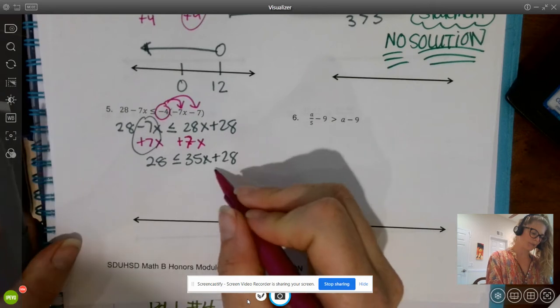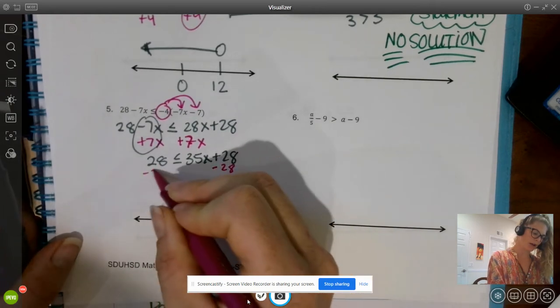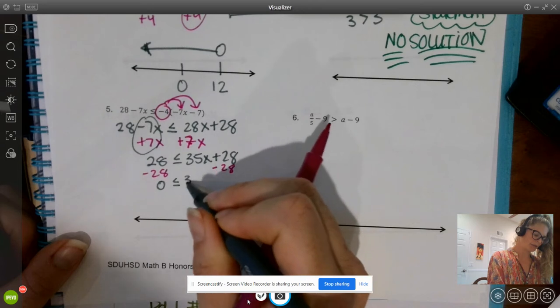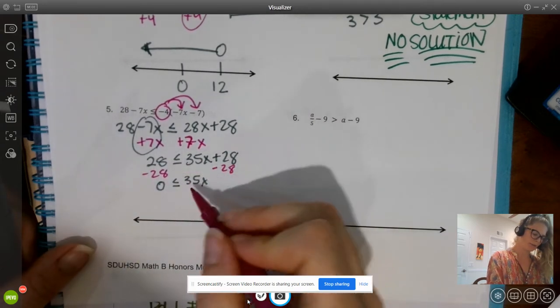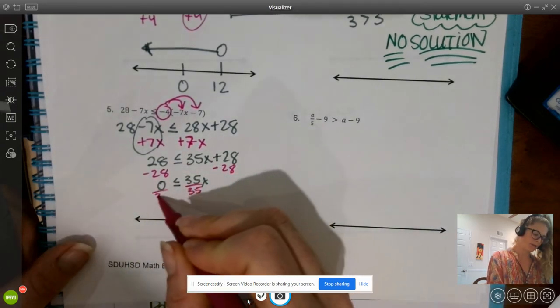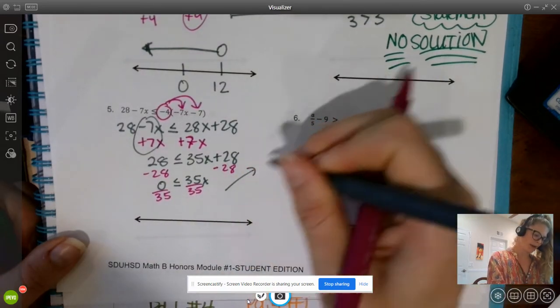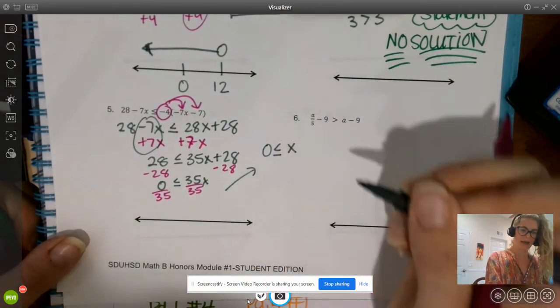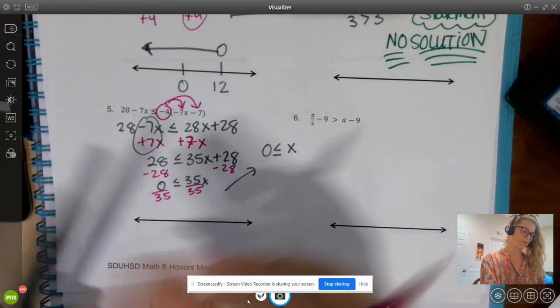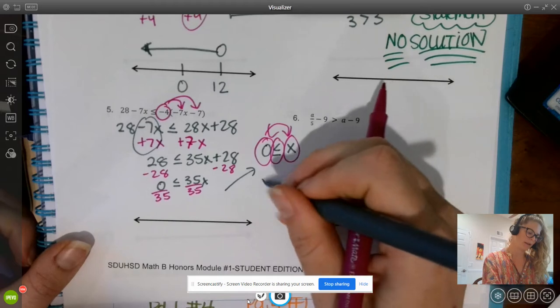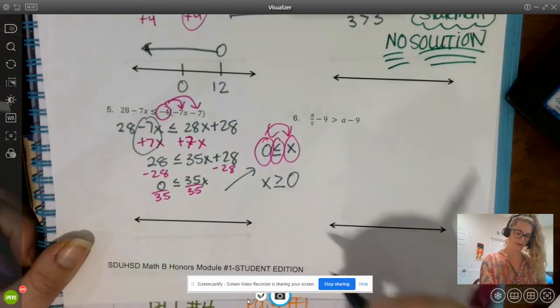From here, I need to isolate my variable. I'm going to do the addition with subtraction. Here, I get 0 is less than or equal to 35x. Divide both sides by 35. 0 divided by any non-zero number is 0. So what we have here is 0 is less than or equal to x. But remember, we want our variable term in front, so I'm going to switch the sides and flip my symbol to know that x is greater than or equal to 0.